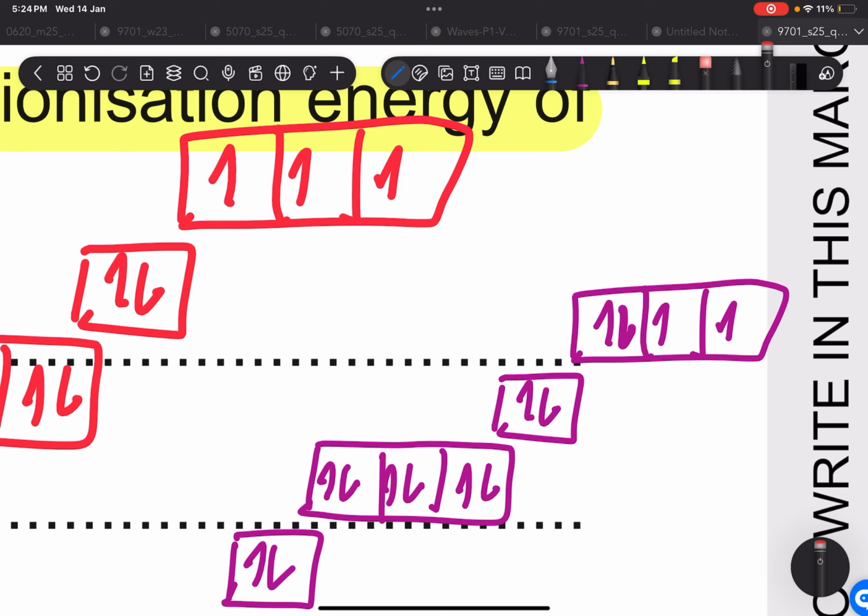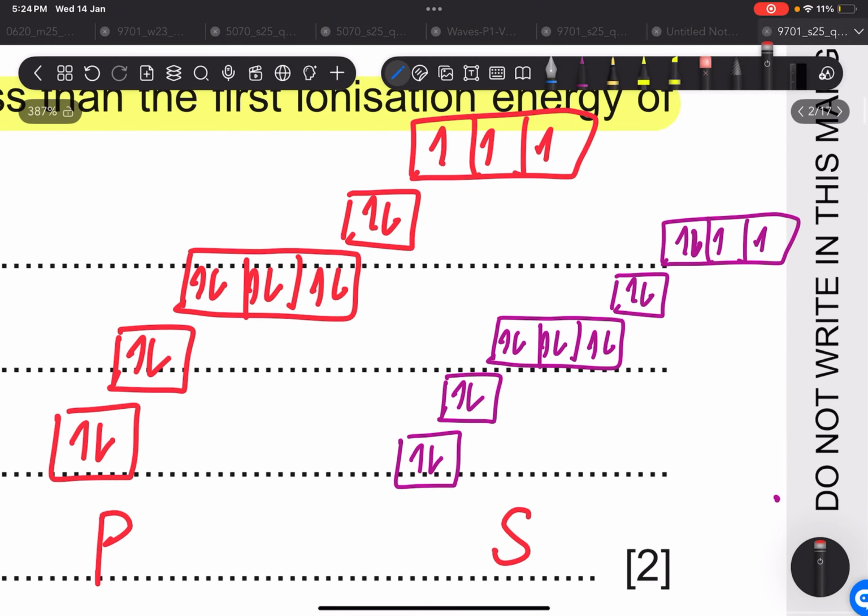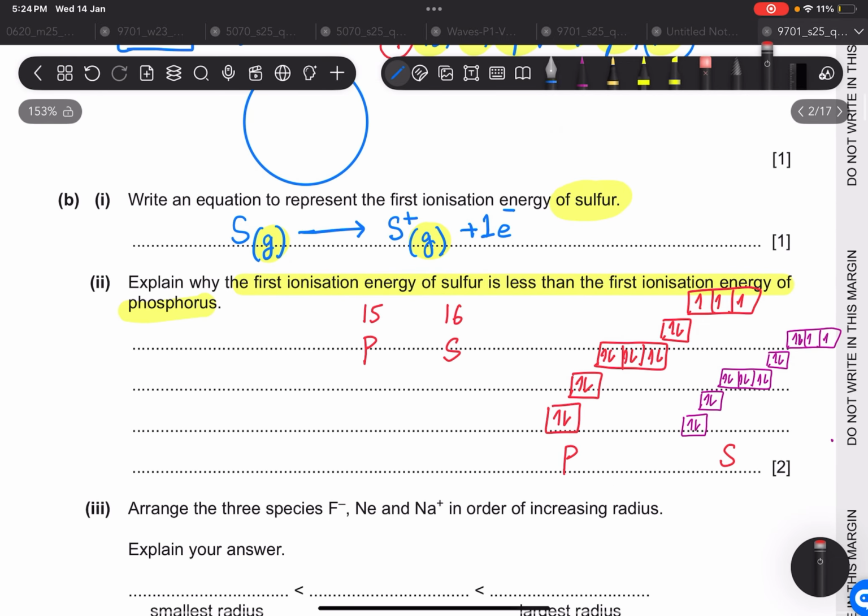Okay? So you're going to write that the pair of electrons that are present in the 3p orbital of sulfur repel each other, which outweighs the effect of increased nuclear charge, because you know that despite sulfur having an increased nuclear charge, its ionization energy is less. That's what the examiner is trying to ask us.